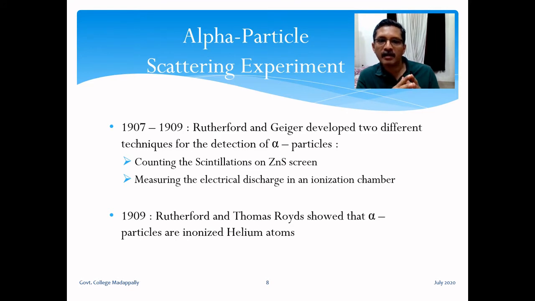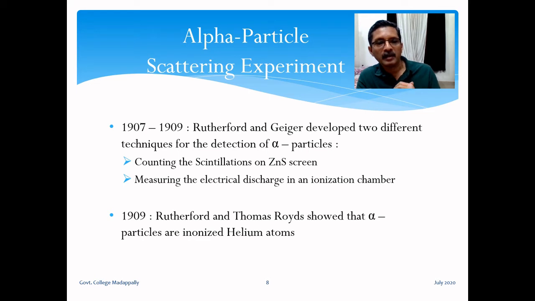Actually, Hans Geiger developed this second method to design the Geiger counter, and later he further designed it along with Muller as the Geiger-Muller counter. Short form is GM counter. So that measurement technique originated in this Manchester University lab in this period.